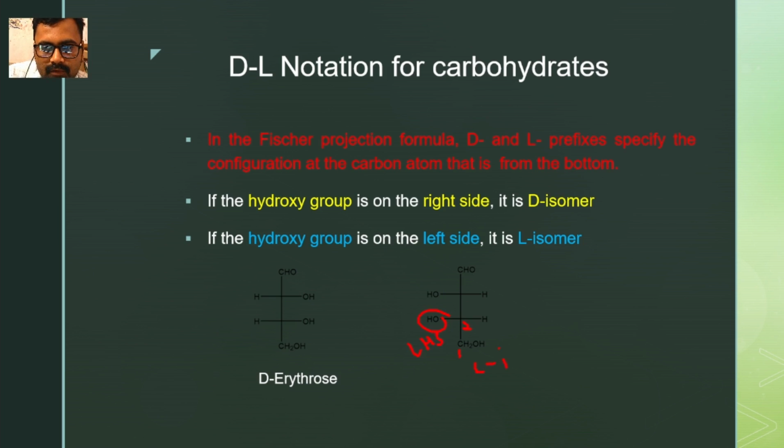So this is the example of the L isomer. So we understand that this is a very simple thing. We look at the second carbon atom from the bottom in the Fischer projection formula, and if the OH group is on the right hand side, then it is called the D isomer, and if the OH group is on the left hand side, then it is called the L isomer, and therefore the name of this compound is L erythrose.